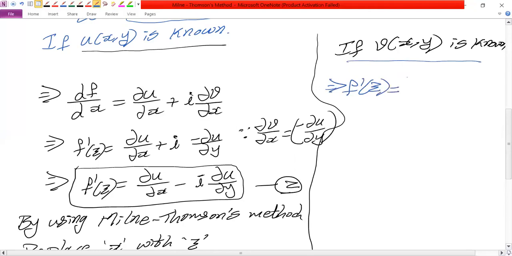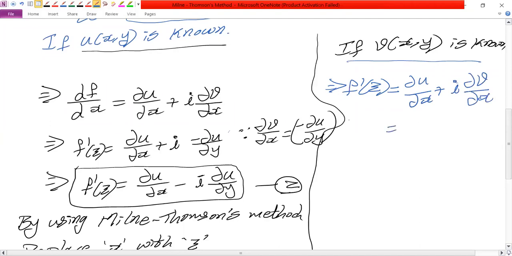So f dash of z equals to dou u by dou x plus i into dou v by dou x. Okay, but v is known. Do we know u? No, we don't know. Then in that case, how can we replace dou u by dou x in terms of v?